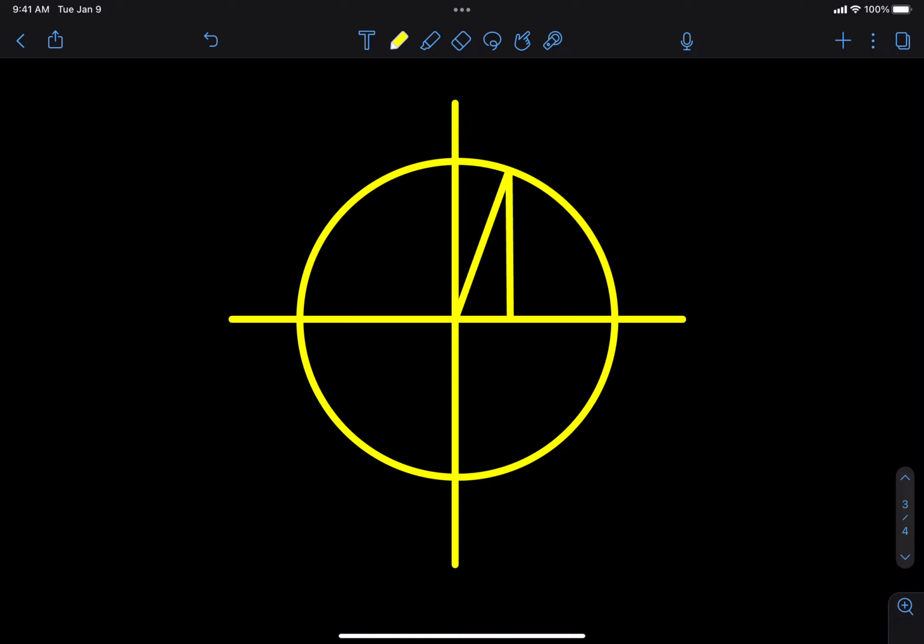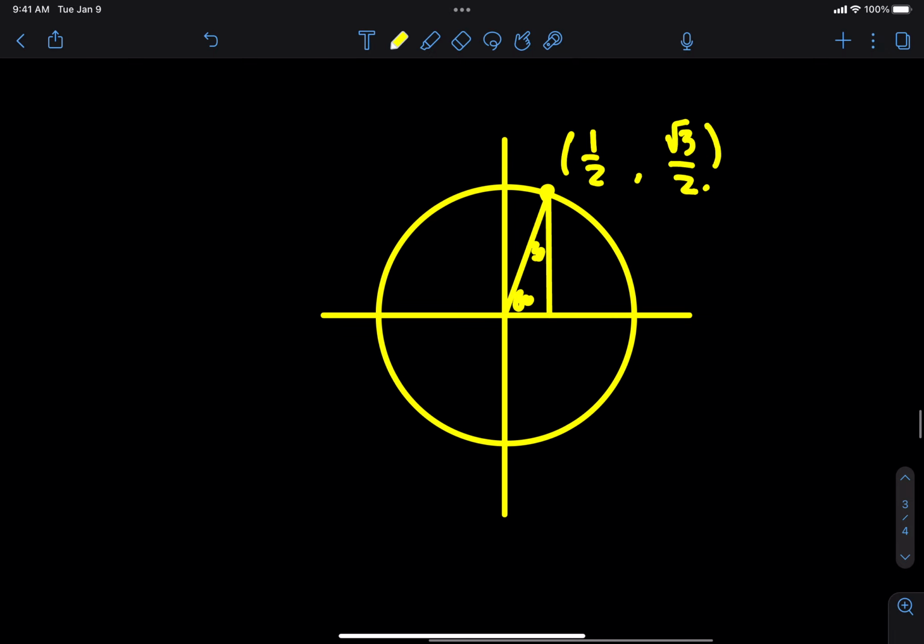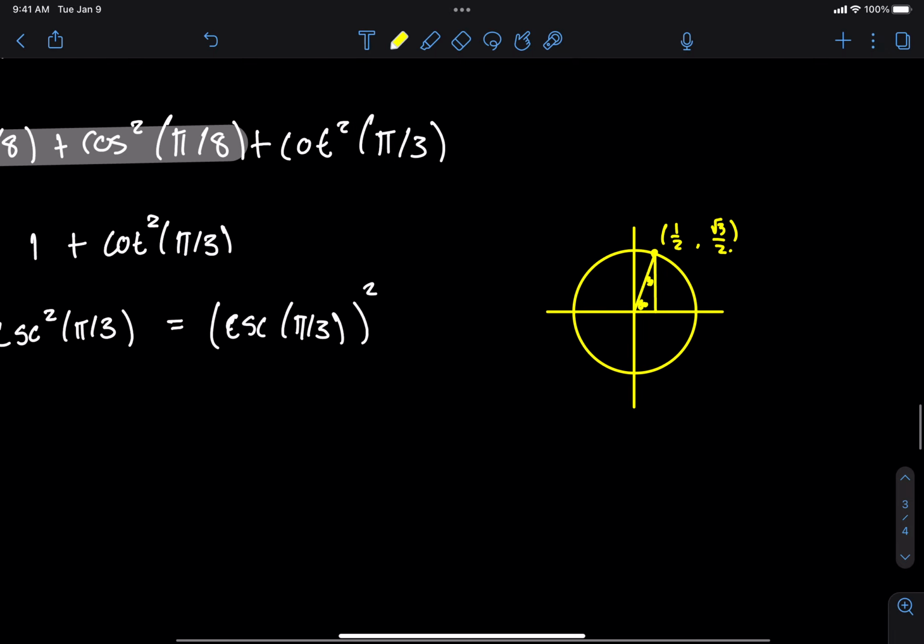Okay, anyways. 60, 30. This point has what coordinates? 1/2, square root of 3 over 2. Good. Okay, so cosecant is what? It's got to do with this x and y value, doesn't it?